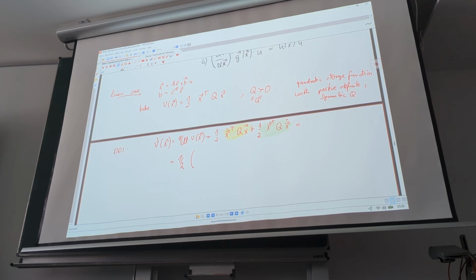Plug it in. x transpose A transpose, yes, plus u transpose. u is a scalar in our case, so I can read that times B transpose, okay? That would be the yellow part.